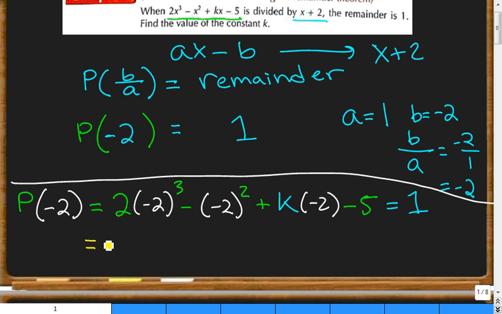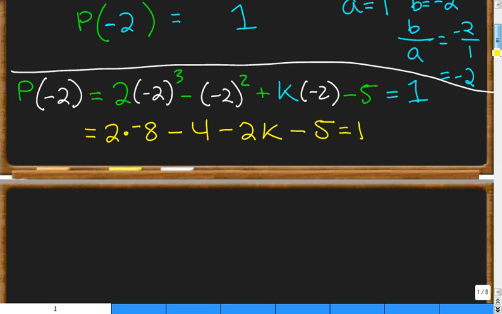Well, this will be 2 times negative 8, because negative 2 cubed is negative 8. And we're subtracting away negative 2 squared, which is 4. K times negative 2 is going to be negative 2k, minus 5 equals 1. So now we just need to continue to solve this. 2 times negative 8 is negative 16.